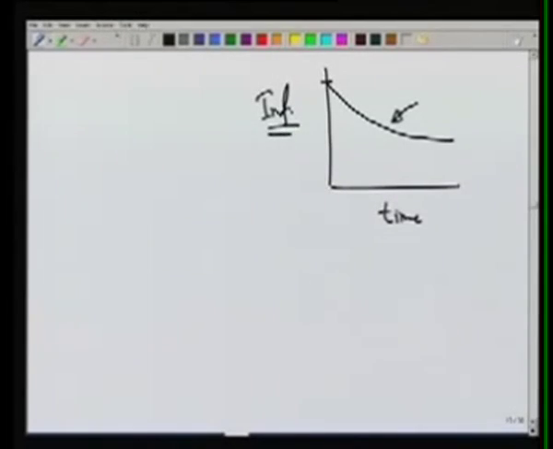The other reason may be that as the soil gets more and more moisture, its capacity to infiltrate will also reduce. So we should be able to predict this infiltration rate variation with time, that is this curve, so as to know how much water will be lost in infiltration.